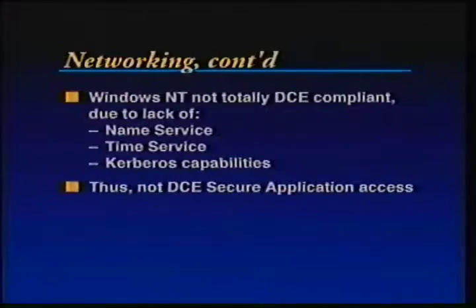A second component missing from DCE is a time service. A time service allows you to coordinate system time among many different systems. While Windows NT does not support the DCE time service at this point, they do have a time service of their own, which they will be releasing as part of NT.